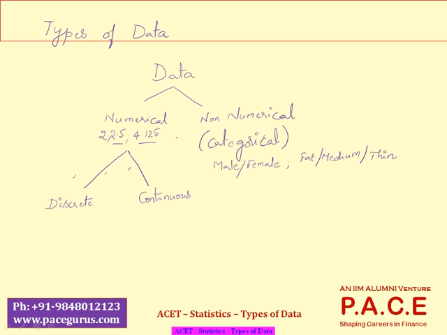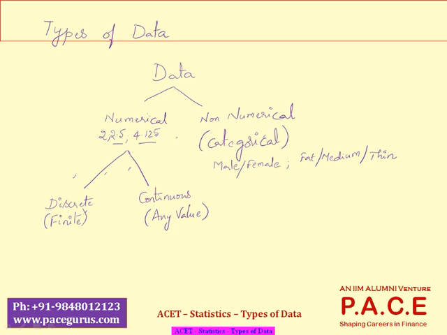When we use the word discrete, only a few values are possible. A finite set of values are possible for discrete data, whereas almost any value is possible in the case of continuous data. It's not a finite set. There is an infinite set of values that goes into continuous data.